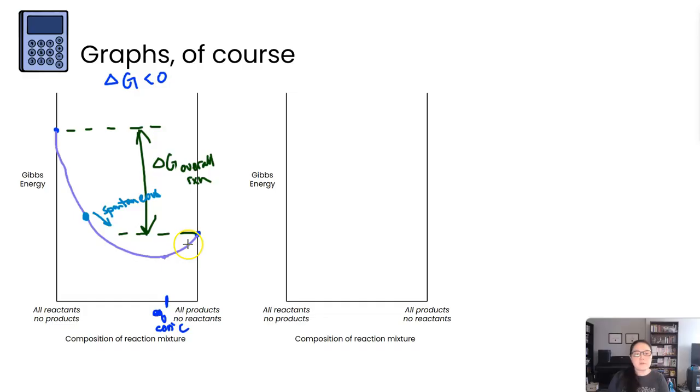And if your ratio is somewhere here instead, then the system is going to go in the direction where the Gibbs energy decreases, so the reaction will spontaneously go in that direction.